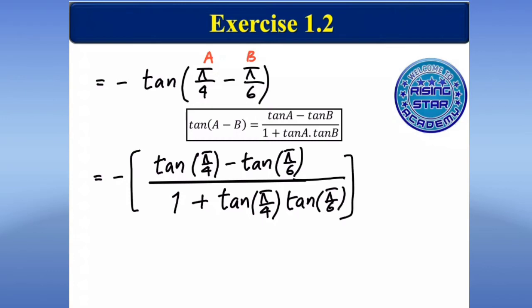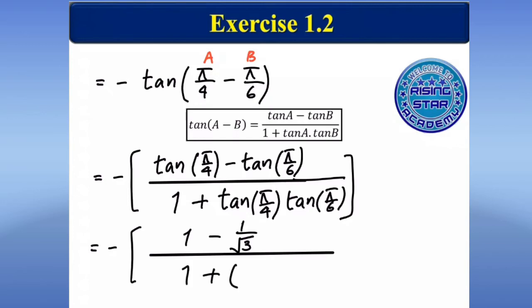Now I will put the values. Tan 45 or pi by 4 is 1, and tan pi by 6 is 1 over square root of 3. So next we have 1 plus 1 times 1 over square root of 3.